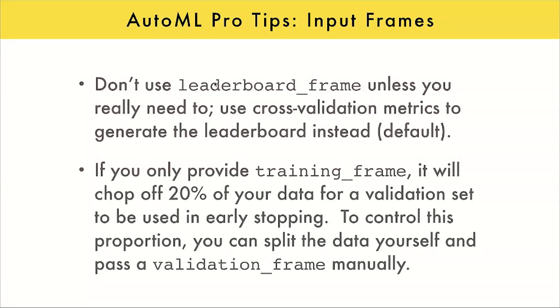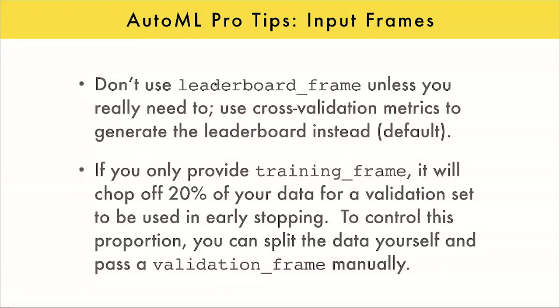Remember how we're individually tuning the models, and we do early stopping on the grids and on the AutoML run itself, and we do all that with a validation set. If you don't like the proportion that we're giving it, so that we would chop off 20% of your data for validation, and I think that's probably too much, I would maybe choose more like 10%.